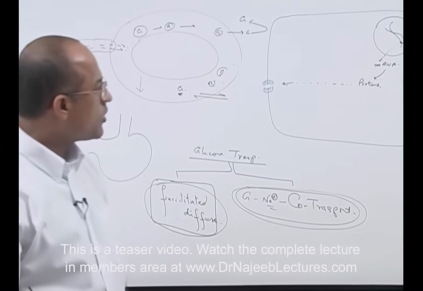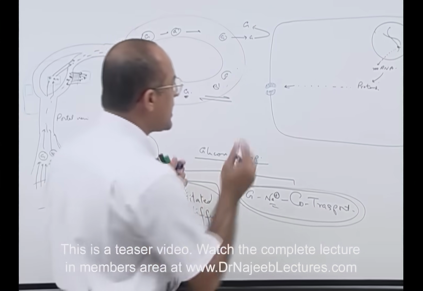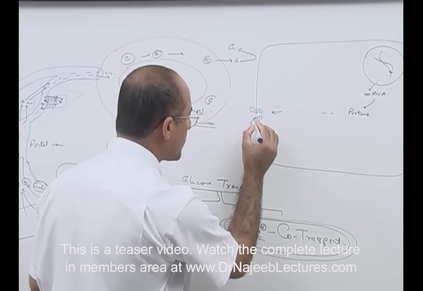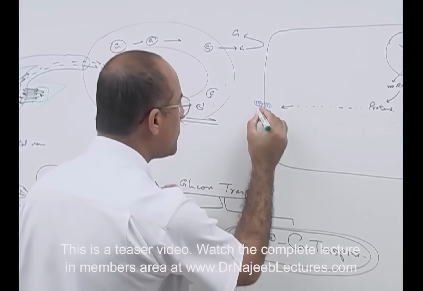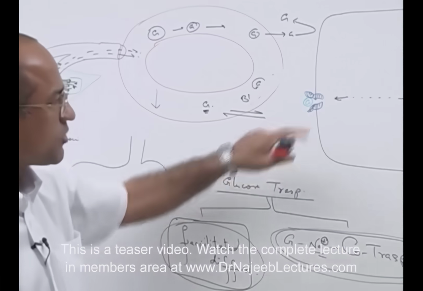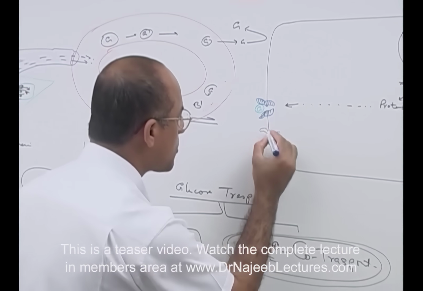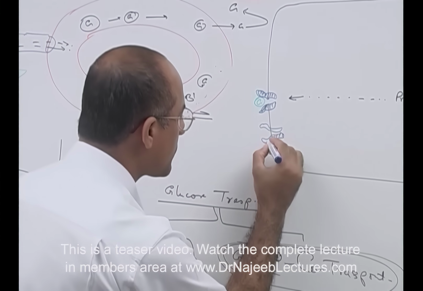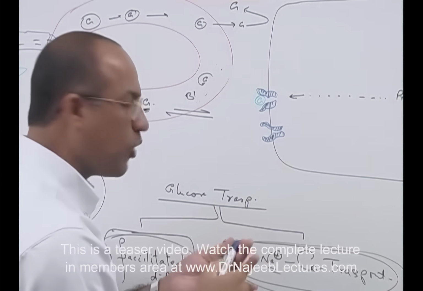Now this protein is very interesting. What really happens is that outside it has an open mouth, and from this mouth it will capture glucose. When this protein is expressed, it is just like your mouth. When you don't have food, you keep your mouth open, but as soon as you get food in, you close it.